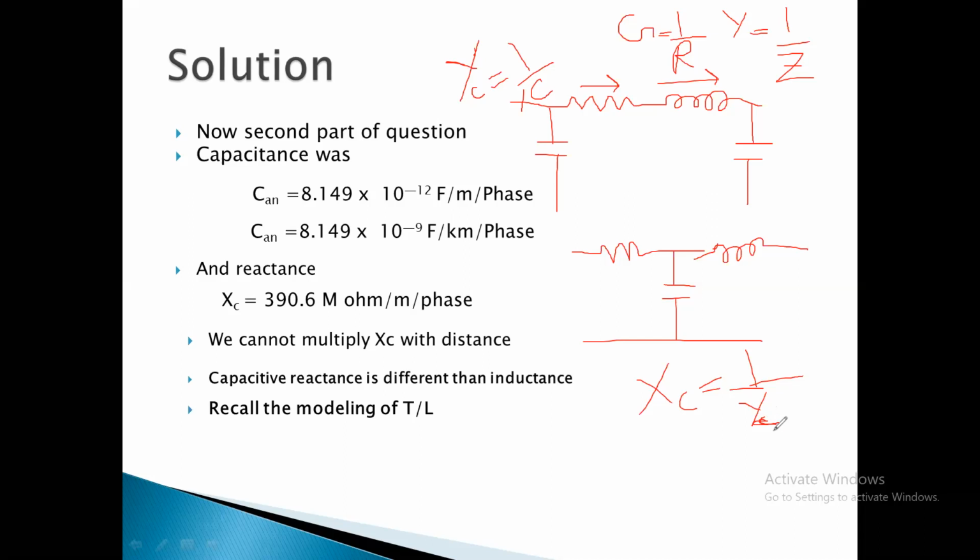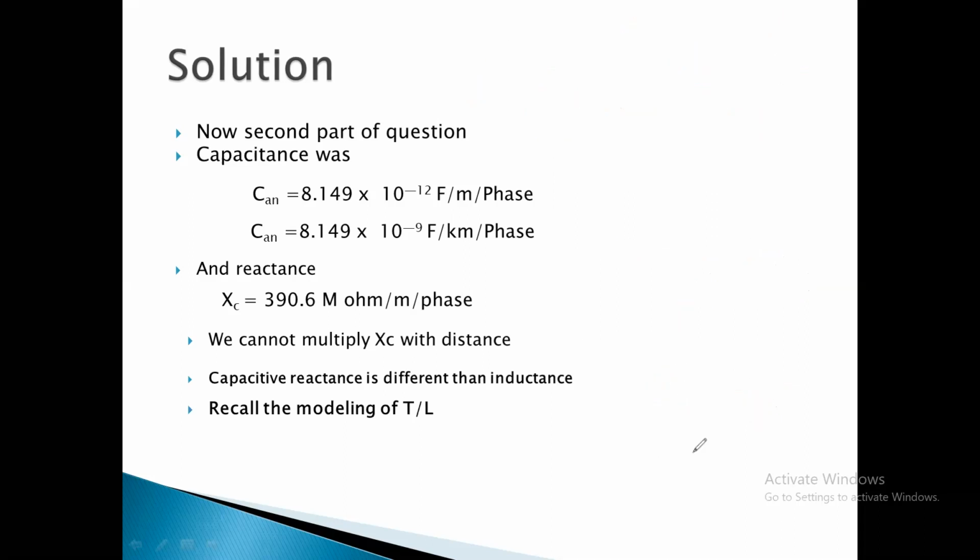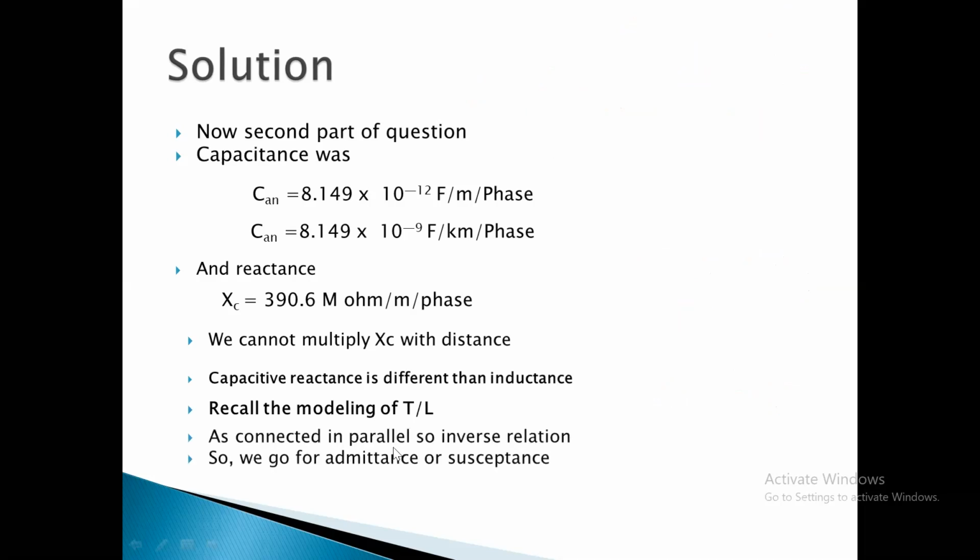So, for example, I can add up susceptances y1 plus y2 plus y3 like this, but I cannot add up reactance. As they are connected in parallel, it is an inverse relation, so we go for admittance or susceptance.